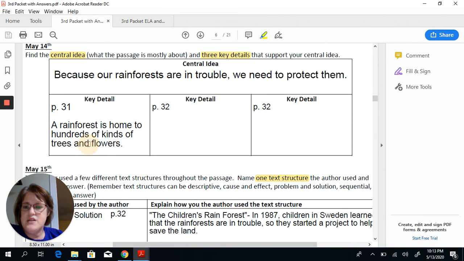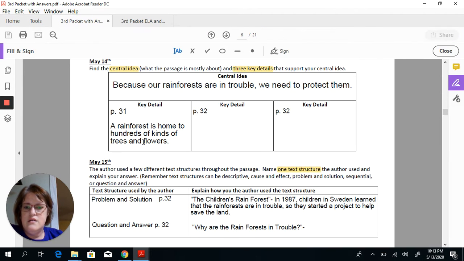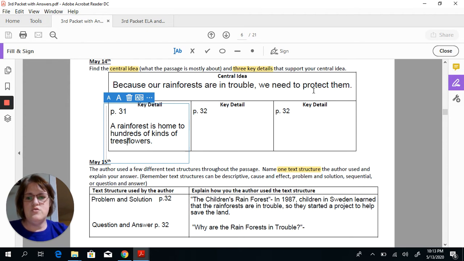trees. And I think I'm going to change that actually to trees, flowers, and animals. Okay, I think that's better. Sorry about that.